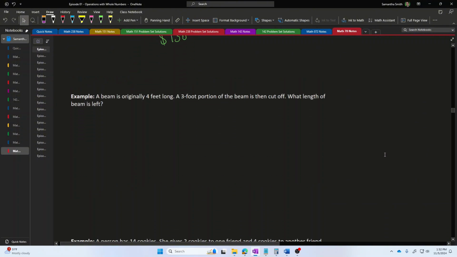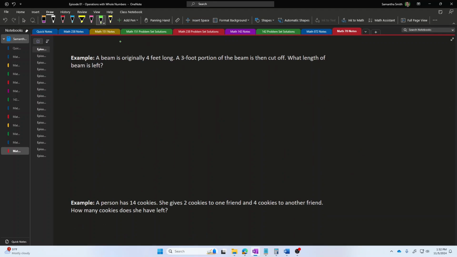For another example, suppose that I have a beam of wood, and the beam of wood is 4 feet long. I then go into this beam of wood and I cut off a portion that is 3 feet long. The question is, if I have a 4-foot beam and then I remove 3 feet, how much is left?